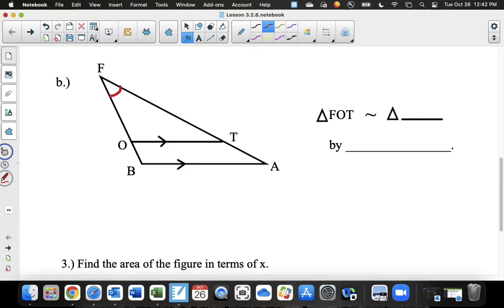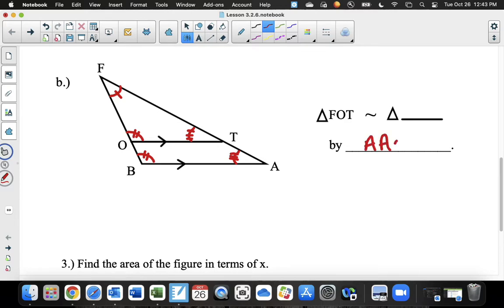So you could say angle F is the same angle in both triangles, so it's congruent to itself. So that's one. And because of the parallel lines, what kind of angles do I have? Corresponding. So therefore, I know that this angle has to be congruent to that one. And if you wanted to, you could go a step further and know that those have to be equal to each other. Okay, so it is angle, that's good.